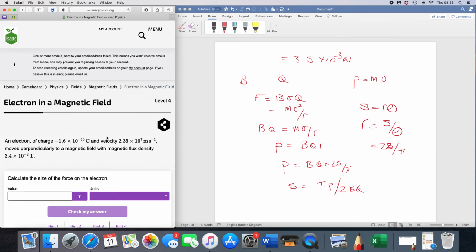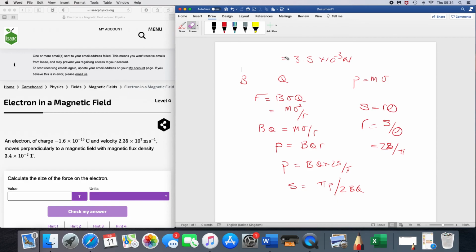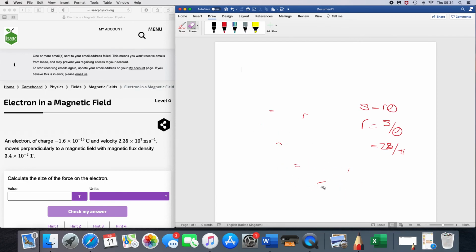Finally then, an electron in a magnetic field. So, let's get rid of all of this then, and start again.